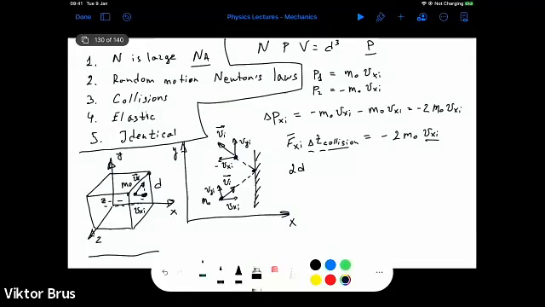So that's why delta t between two adjacent collisions with the same wall of the container will be equal to 2d divided by Vxi.